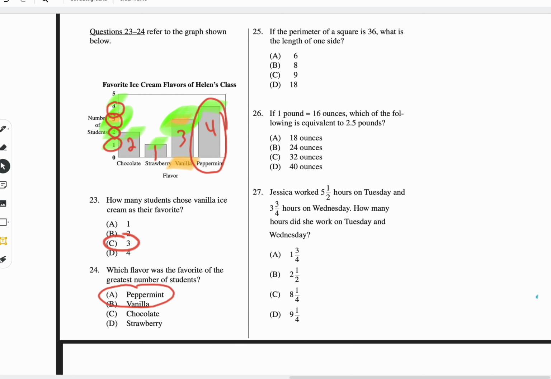Now let's take a look at 27. Jessica worked 5.5 hours on Tuesday and 3 3/4 hours on Wednesday. How many hours did she work on Tuesday and Wednesday? Now since Jessica worked at least 5 hours on Tuesday and at least 3 hours on Wednesday, we know that she worked at least 8 hours at a minimum.